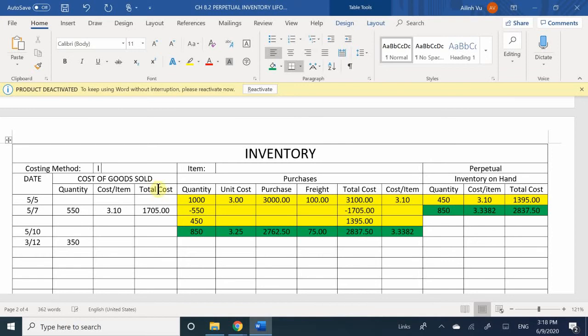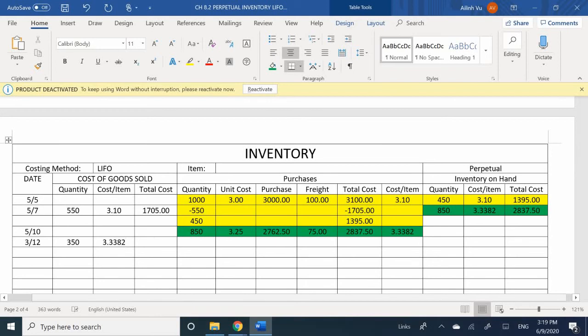So we're doing 850. Instead of taking from the top one, we're going from bottom up, right? Now that we recognize that 850 is the last thing that we put in, what number are we going to be using? What's the cost per item for the green batch? 3.3382.